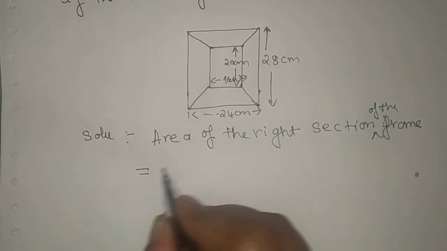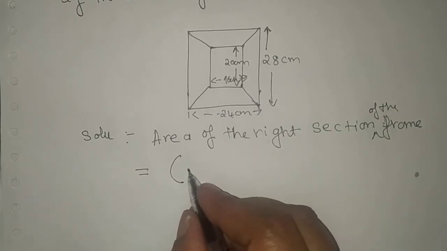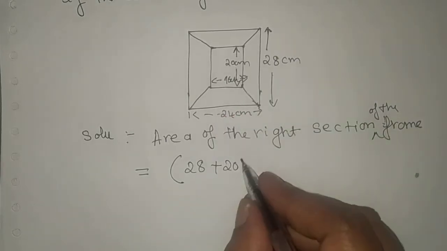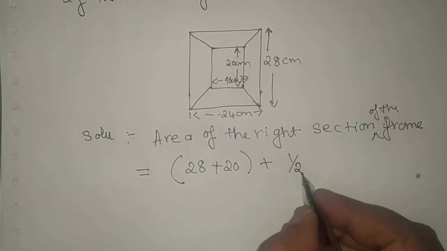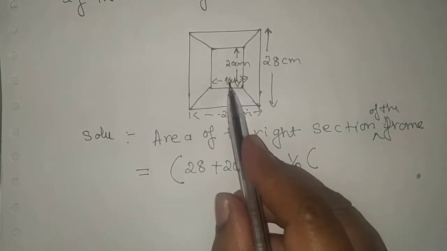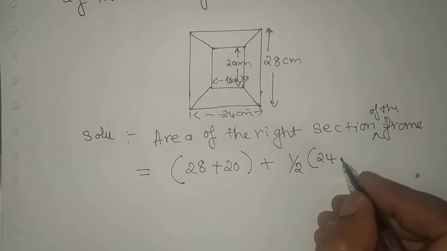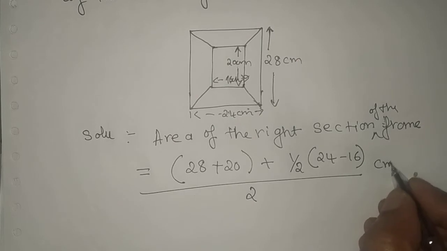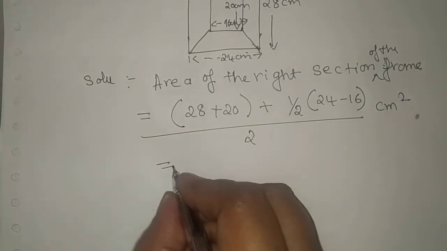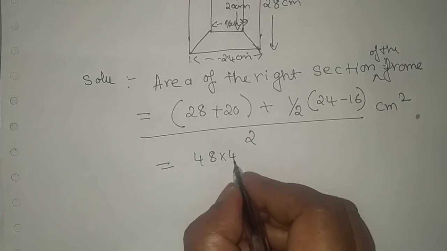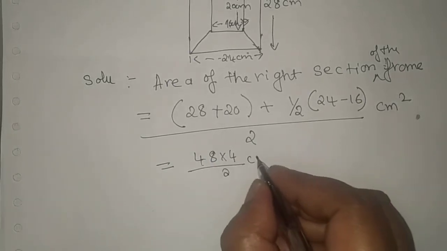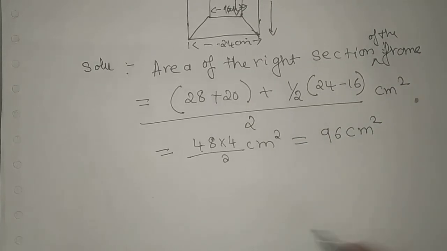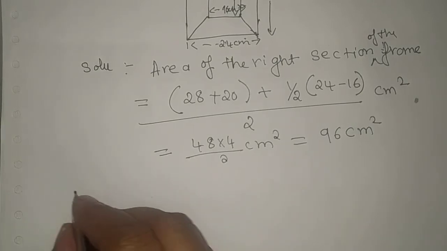So first we take 28 into 28 plus 20, plus half into 24 minus 16, all divided by 2 centimeters square. After simplifying, we get 48 into 4 divided by 2 centimeters square, which is equal to 96 centimeters square.